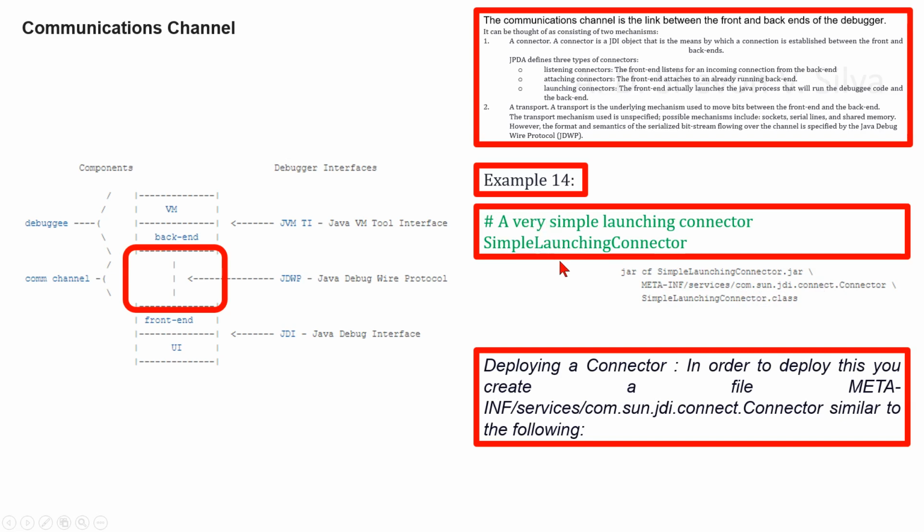This service configuration file is then packed into a jar file along with the classes that comprise the implementation of the connector. The jar file is then copied into a location that is visible to the system class loader. Once deployed, the connector will be located by the debugger when the debugger is restarted.